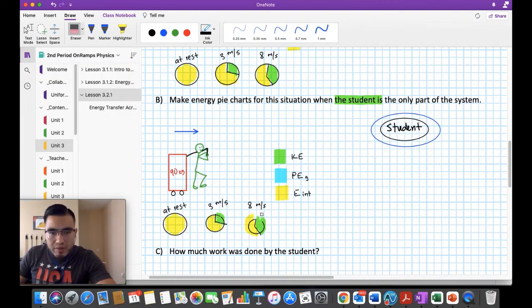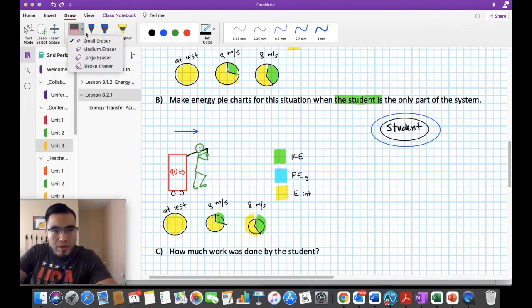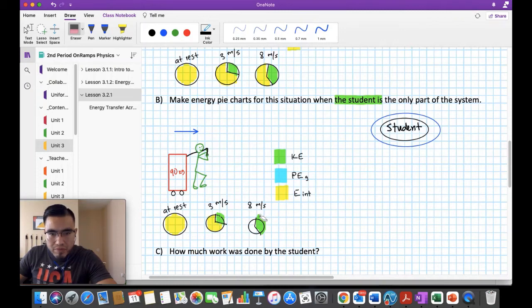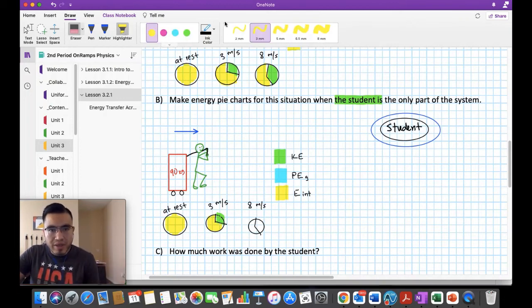We think they're going to be tired. Let me try to get rid of the color. Oh, man. There you go. I did it. Yay. So now we have an even smaller pie chart.